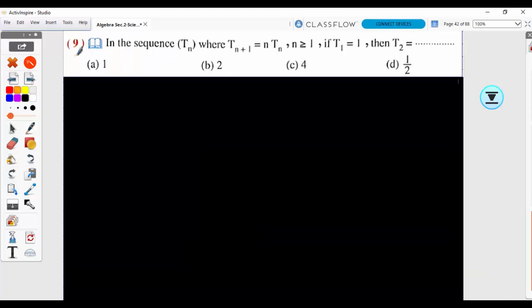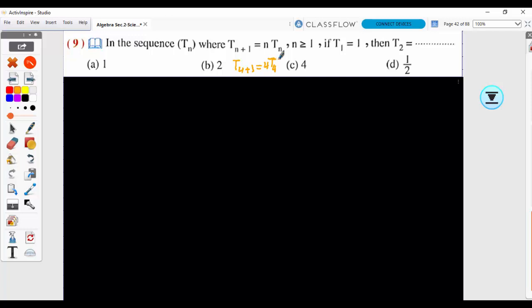Okay, question number 9. In the sequence Tn, where Tn plus 1 equals n multiply Tn and n is greater than or equal 1. Here, if you want to find T5, write it in the form T4 plus 1. It will be 4 multiply T4.